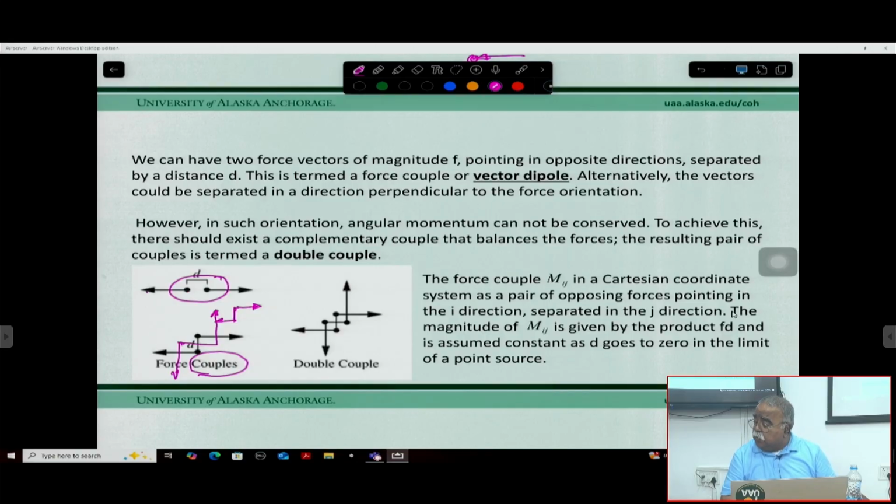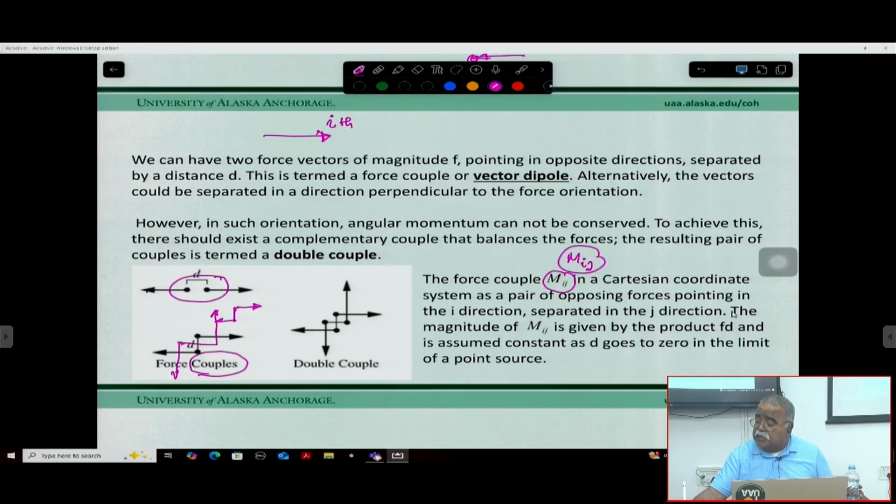Now, this double couple force, or the force couple, is called Mij. We represent it as Mij. This Mij is the couple, or the pair of couples, which are directed in the ith direction.